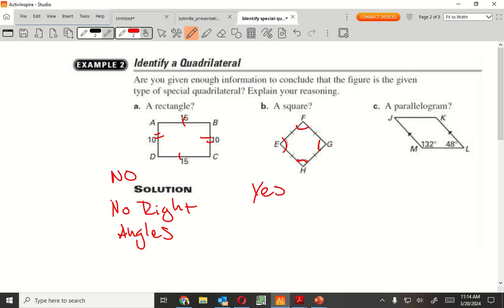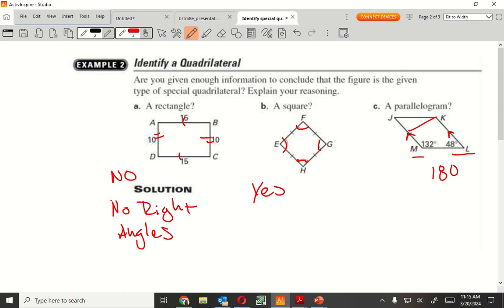Okay, so now for C, back to this one right here. Now, what do this and this add up to? 180. Are you sure? Yes, it is 180. So I know that these two are parallel because of this. Do I know anything about JK? No. So what if JK, I'm going to exaggerate this, goes this way.